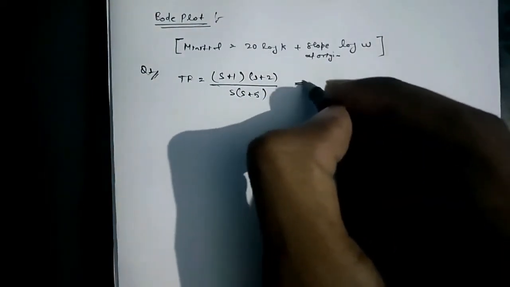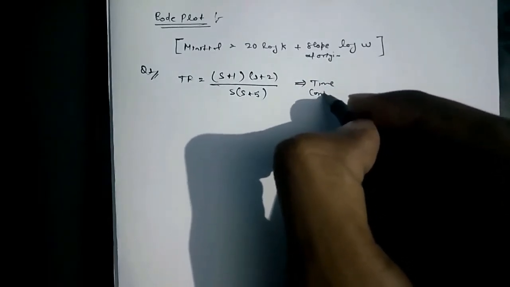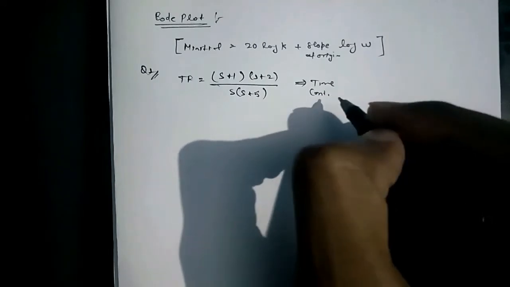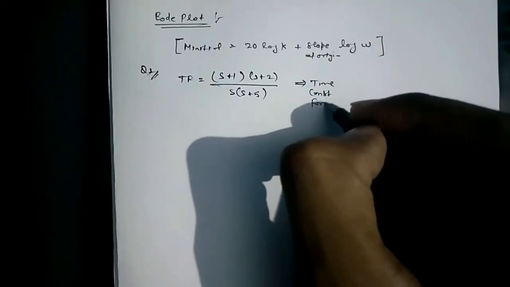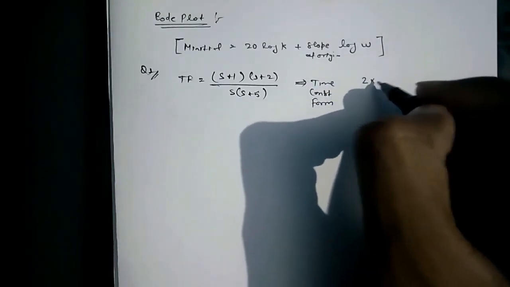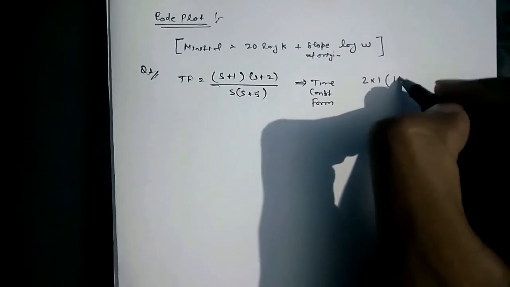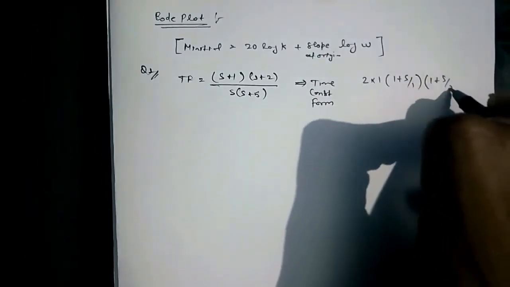So convert this into time constant form. In time constant form we have 2 into (1 plus s by 1)(1 plus s by 2).